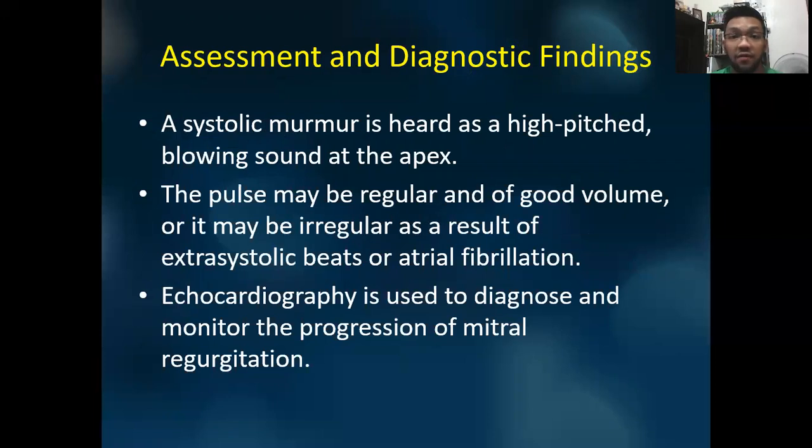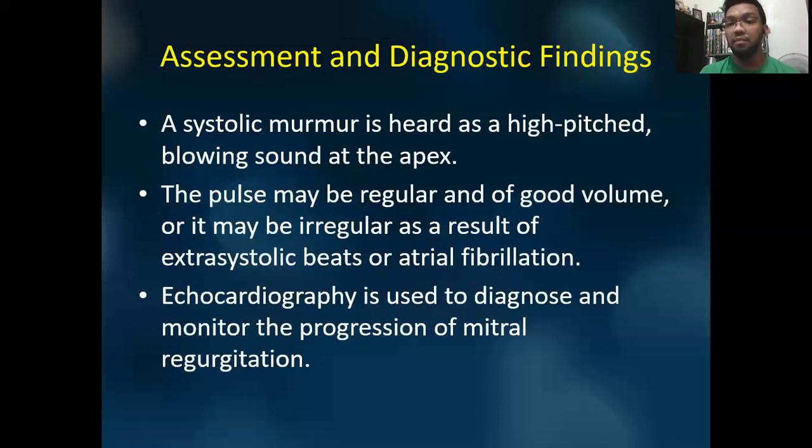Assessment and diagnostic findings: a systolic murmur is heard as a high-pitched blowing sound at the apex. And the pulse may be regular and of good volume, or it may be irregular as a result of extrasystolic beats or atrial fibrillation. So pulse can be normal or it may be irregular.